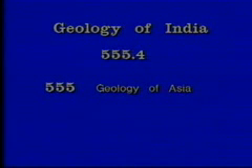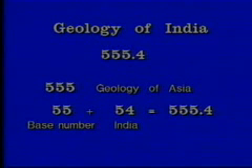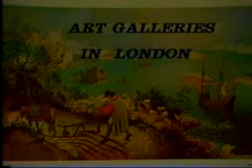In actual practice, you have added 54 for India to the base number 55. In this case, the direction is to add the number from area notation following 42 to the base number 708.2, and the number for London is 421, and hence only 1 is to be added to the base number.